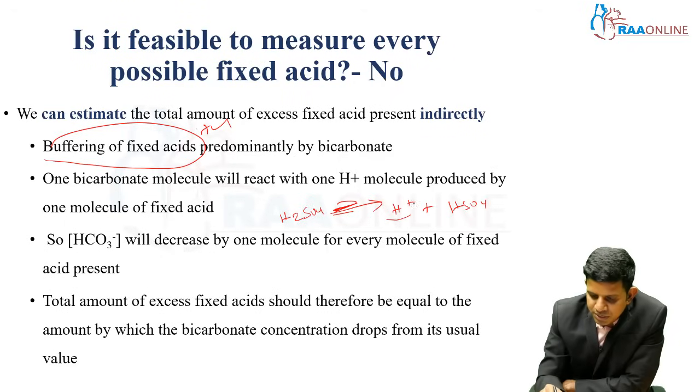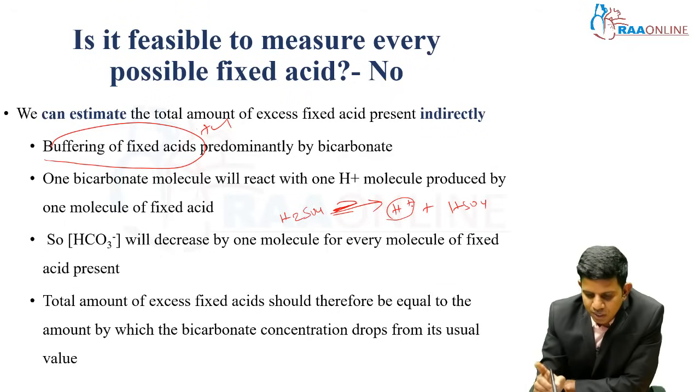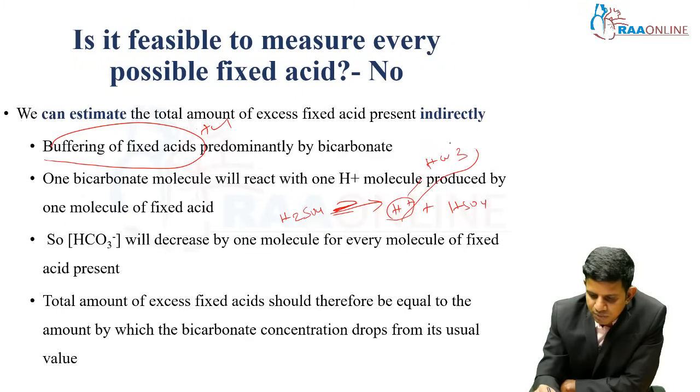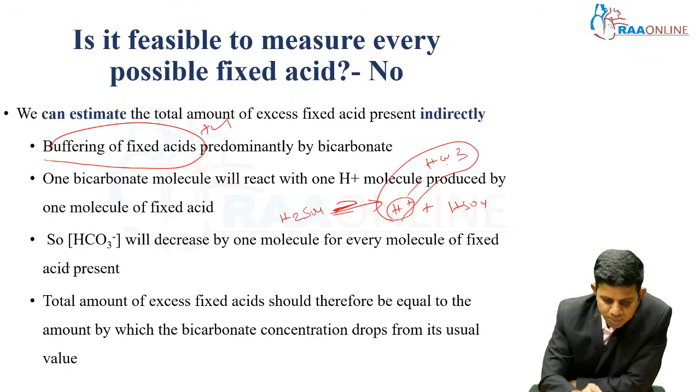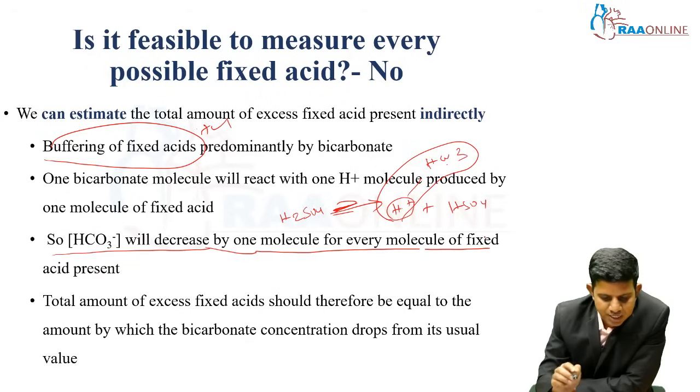This H plus is an acid. It will react with some of the bicarbonate. One molecule of H plus will neutralize one molecule of bicarbonate. So, every molecule increase in H plus will decrease the bicarbonate by one molecule.